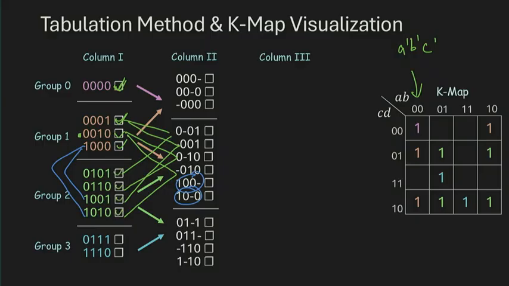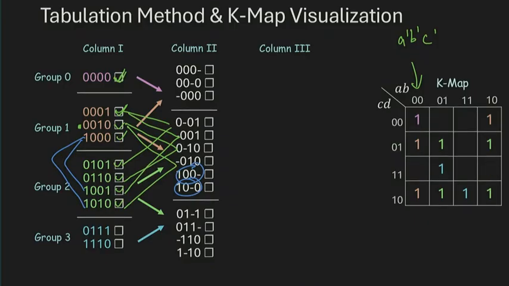So make sure to put down a check mark for each of those minterms, indicating that they are non-prime. Similarly, you can do the same thing for group 2 and group 3. Check out the pairs, compare adjacency, and then mark things as combined by putting down a little check mark. I think in this example, you actually get to put down a check mark for all the elements in the first column.